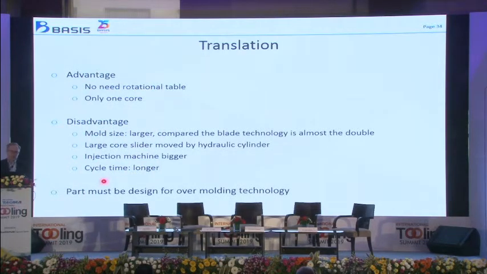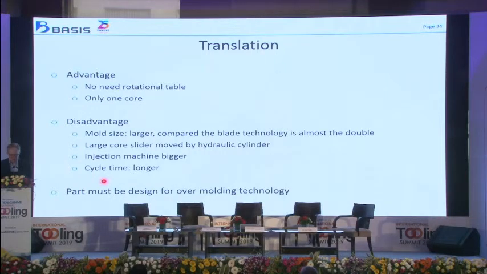Advantage, no need for a rotational table, and we have only one core in the mold. Disadvantage, the size of the mold is bigger compared to plate technology. We have a large core slider moved by a hydraulic cylinder. The injection machine is bigger, cycle time is longer.